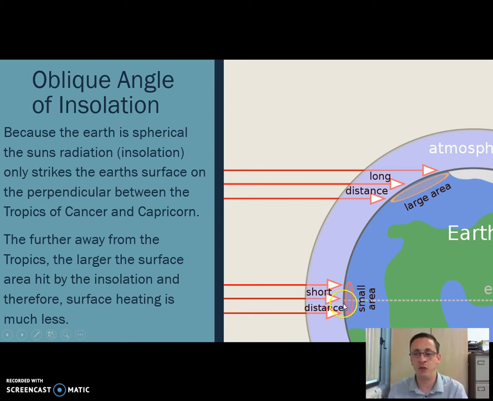It's heating a relatively restricted area, and because of that, it heats it up very efficiently. If we go up towards the poles, and this is obviously the same in the southern hemisphere as in the northern hemisphere, that same unit of solar insolation, by the time it makes it to the Earth's surface, has to heat up a really large area. And that means it heats that area up much, much less efficiently.